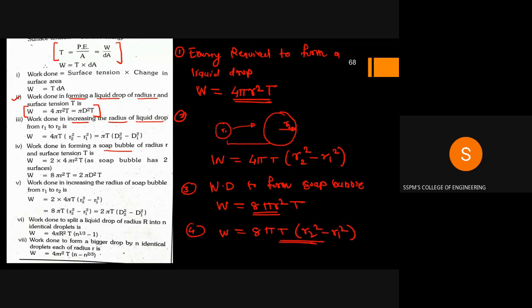Next we have work done to split the liquid drop of radius R into n identical droplets. So suppose we have one bigger drop and we want to transform this drop into smaller drops. So the number is n.